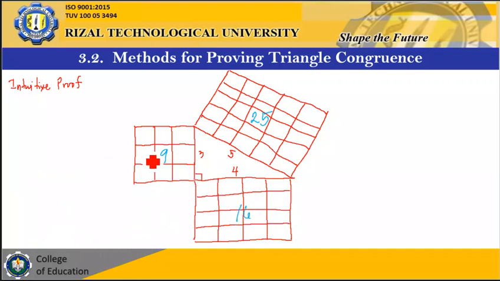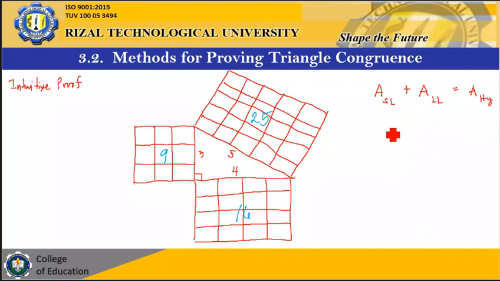between the areas. We know that the area from the shorter leg, plus the area from the longer leg is equal to the area from the hypotenuse.